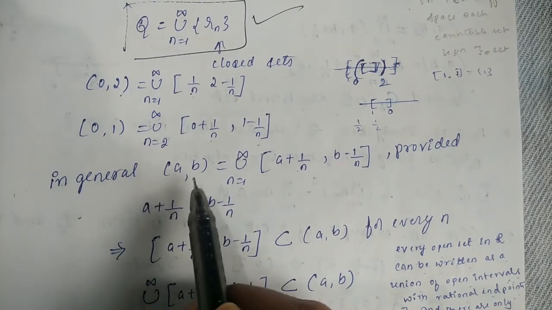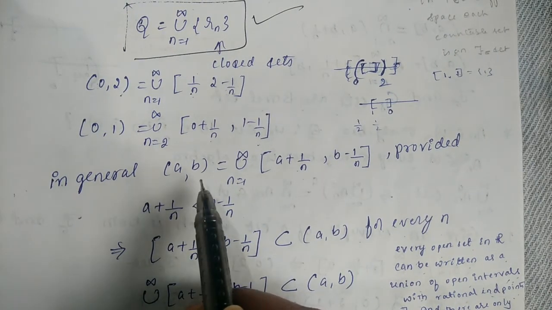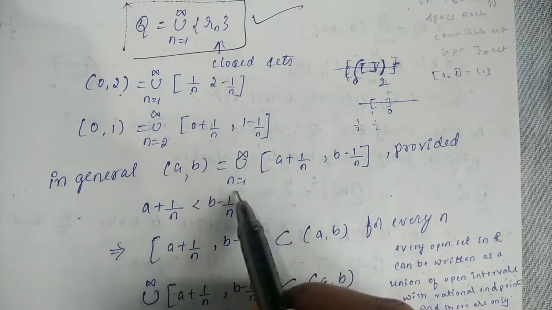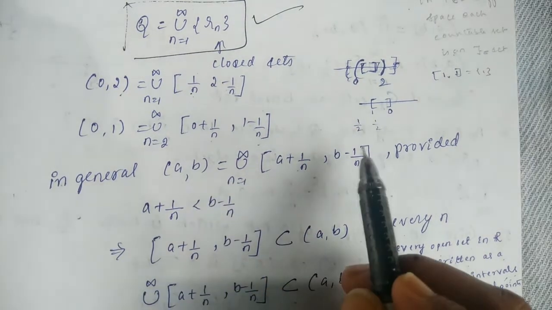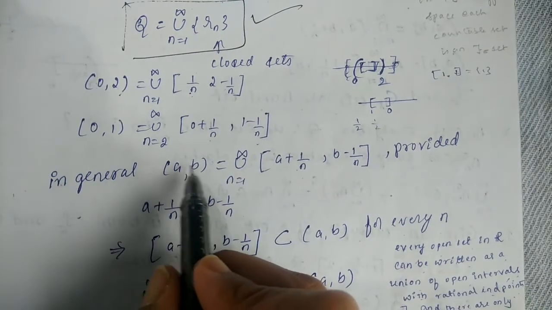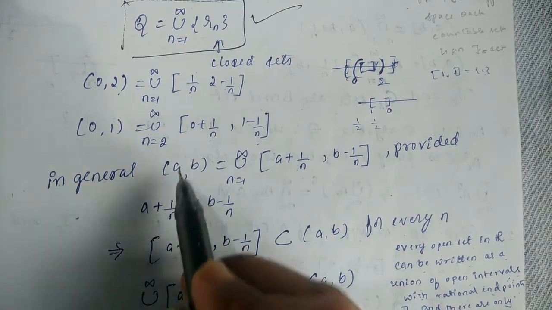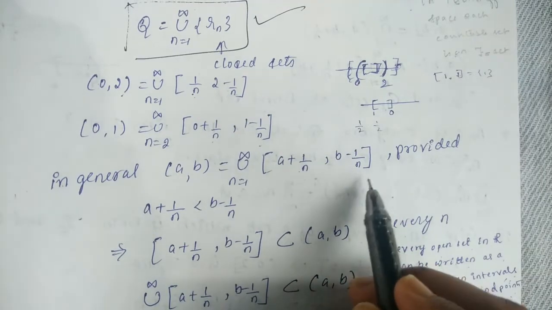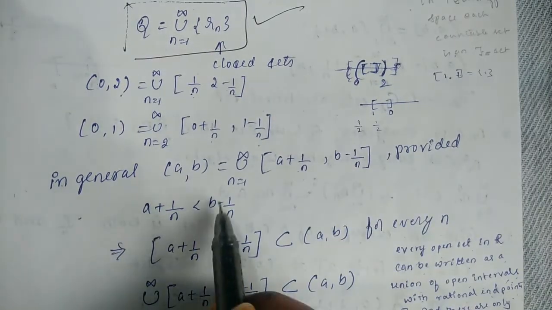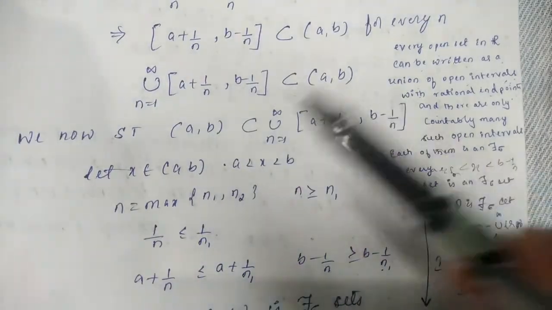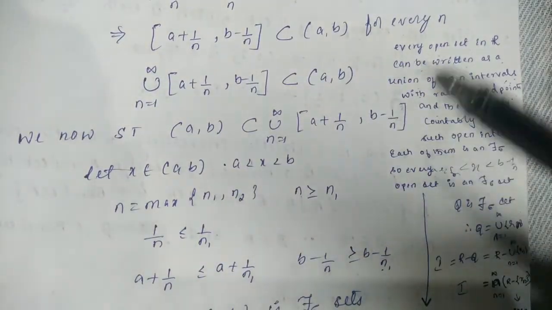In general, (a, b) can be written as a countable union of closed intervals [a plus 1/n, b minus 1/n]. Take a little larger compared to a and a little smaller compared to b, provided a plus 1/n is less than b minus 1/n. I am not explaining the reason for this equality. Have a look here.